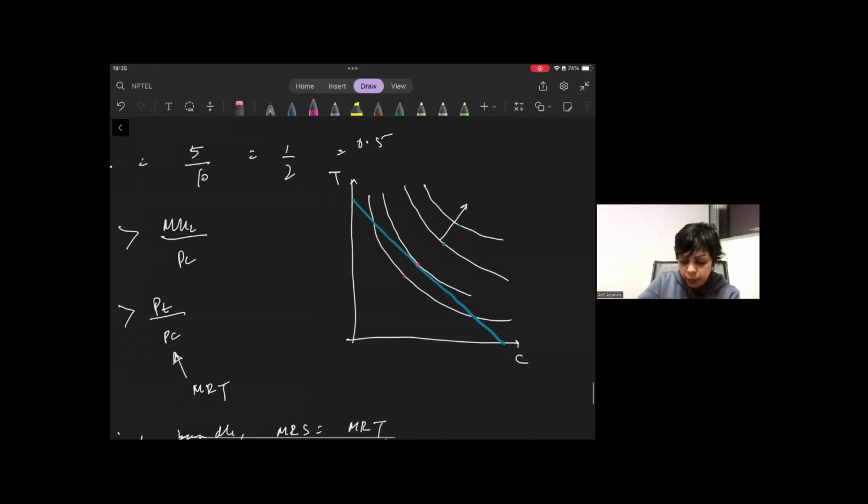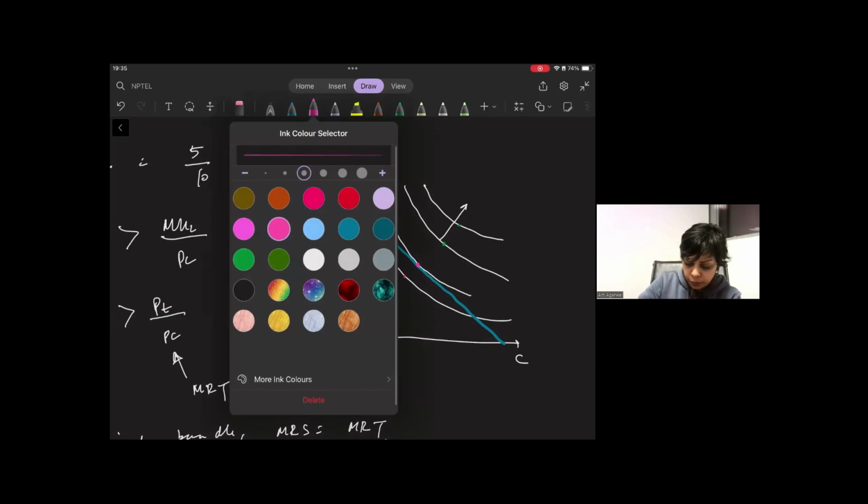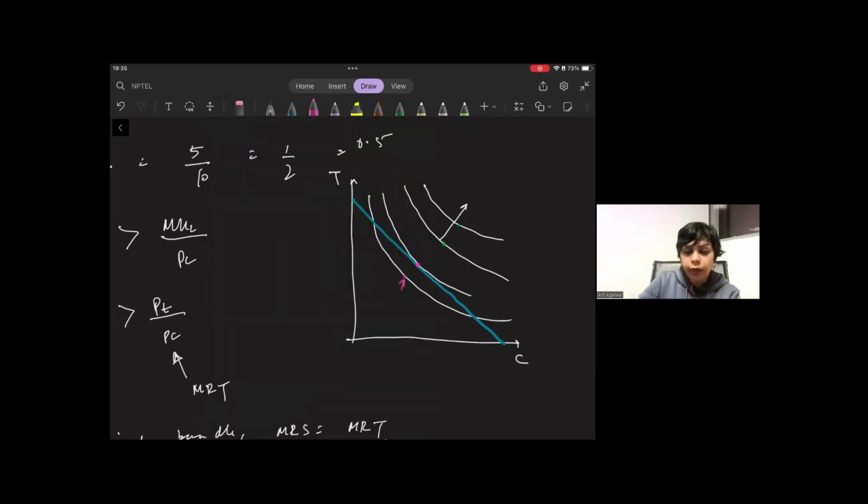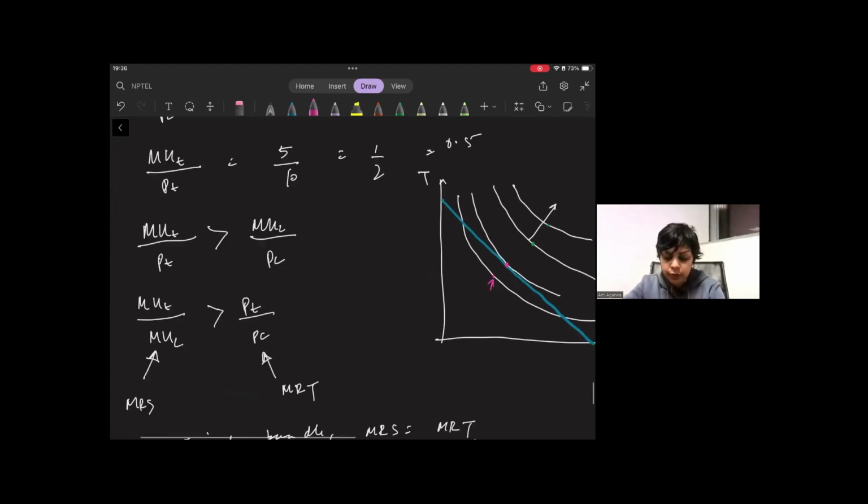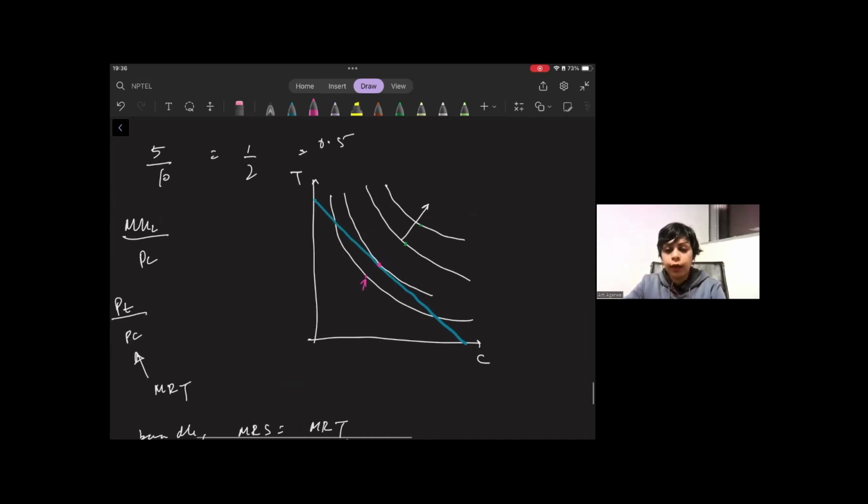If I'm at this point, I will increase my consumption of both goods, because consumption of both is increasing my utility, just not in the same proportion when you consider the price. Actually, even the utility is increasing in the same proportion, but when you factor it against the price, it's not the same.